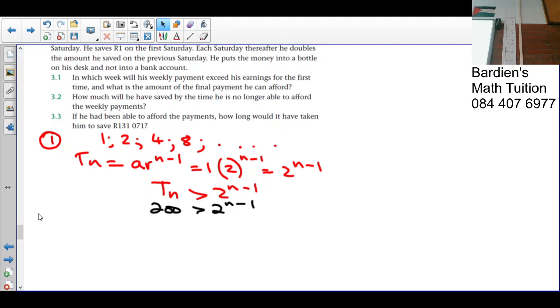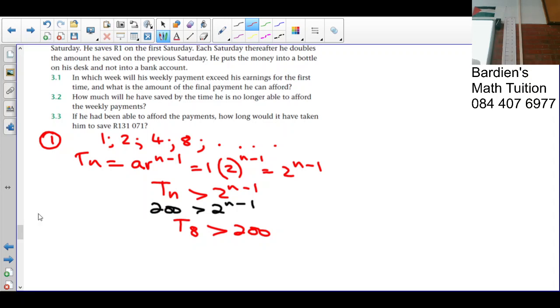So to answer the question, T8 will be the first week where he needs to save over 200 rand. Does it make sense? So if you look at this pattern here, let's put this in context.